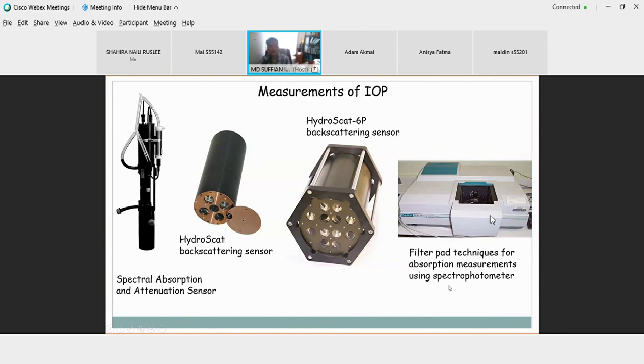And then we can measure the absorption using the filter technique or using spectrophotometer. Ini adalah untuk ukur inherent optical properties, absorption, attenuation, and backscattering in the water column. Absorption kita boleh pakai spectrophotometer. Tapi untuk backscattering, we have to use instrument. Dia tak boleh buat dalam lab.